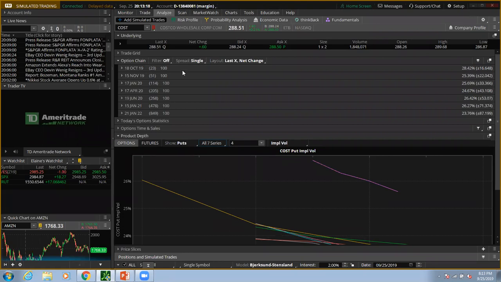So I'd buy November, sell October, and that would be a way to take advantage of this volatility crush, because after the earnings announcement, assuming price doesn't move too much, this implied volatility is going to drop way down here. And so you can leverage that. I'm not sure I even answered your question. Did that answer your question?